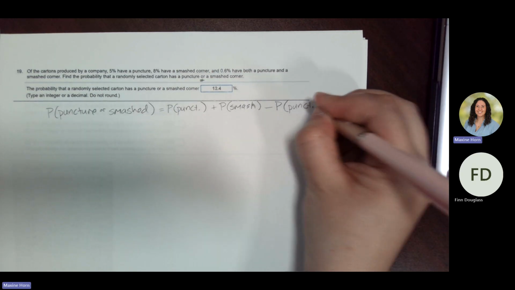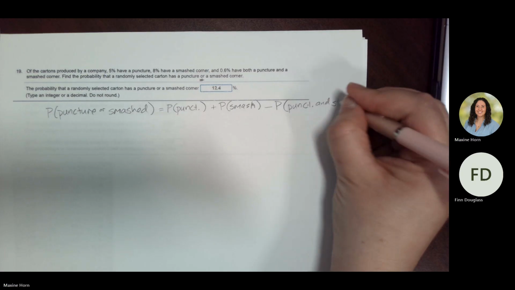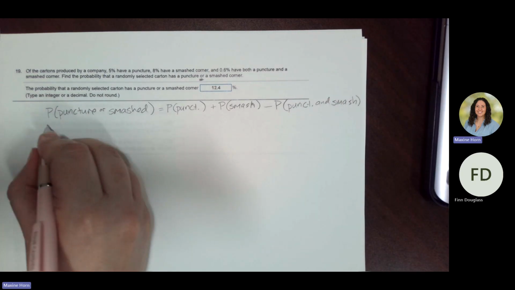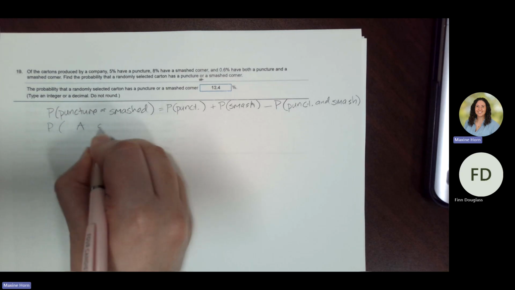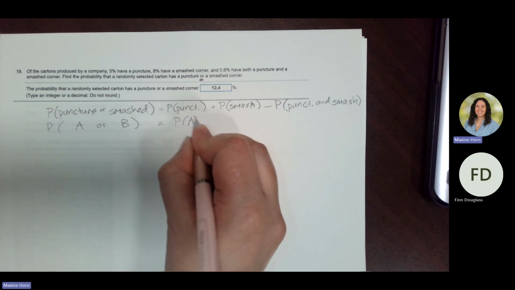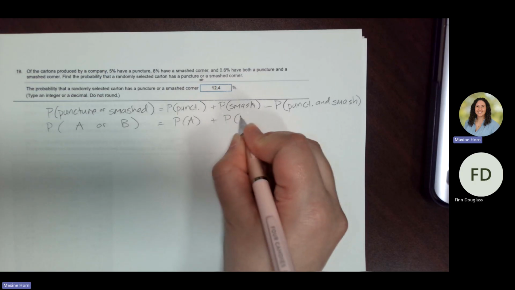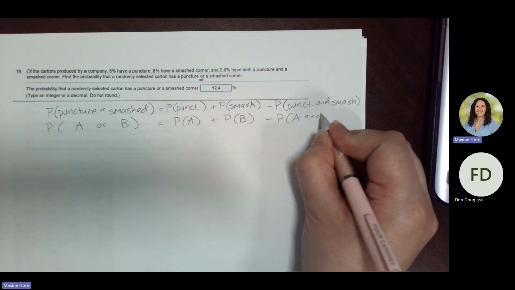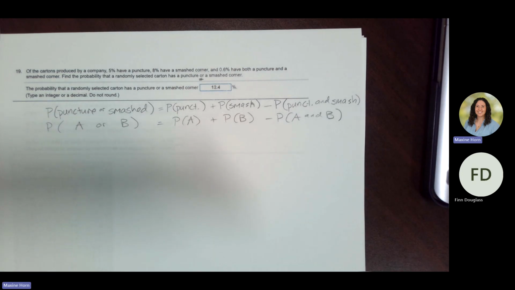Because the probability of A or B is the probability of A plus the probability of B minus the probability of A and B. That's what we're doing here.